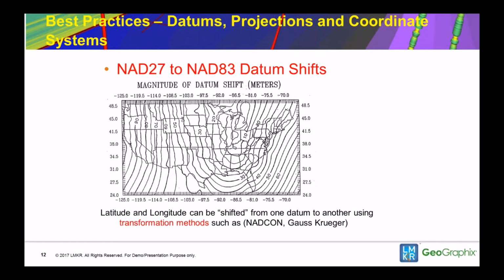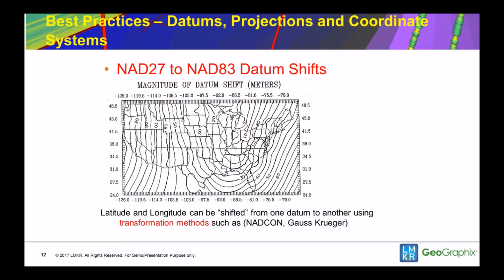Now, the latitude and longitude can be shifted from one datum to another using a number of transformation methods. If you're transforming, for instance, NAD 27 to NAD 83, just a hint, always use NADCON. These transformation methods are mathematical formulas that transform a latitude and longitude in one datum to a latitude and longitude in a different datum.